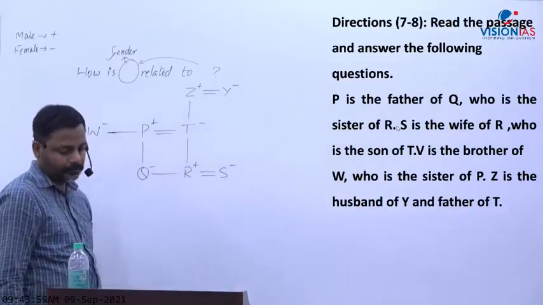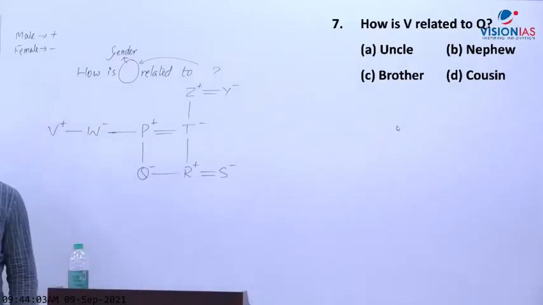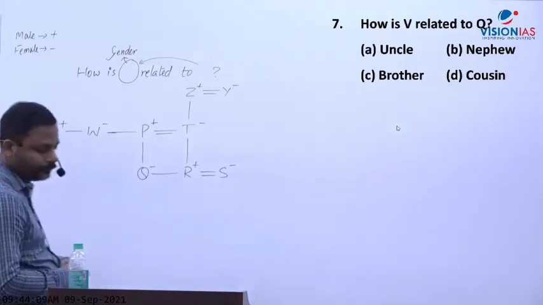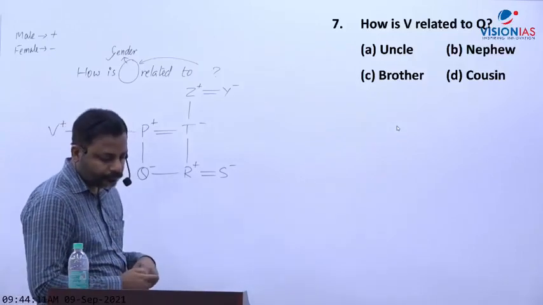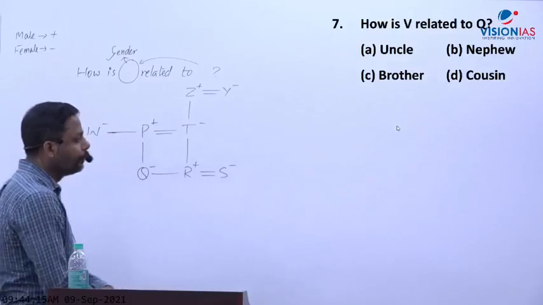Okay, now come to the questions. Question number 1. How is V related to Q?